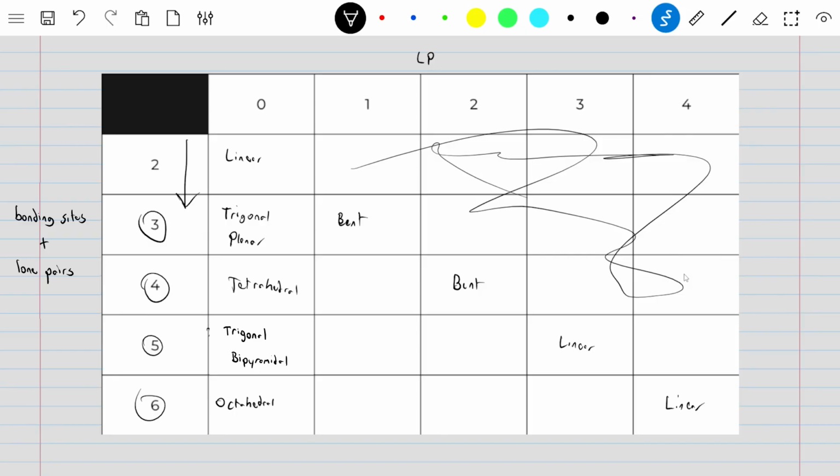All right. Now from here, the next thing we're going to do is the 1 lone pair column. The 1 lone pair column is going to be kind of the hardest to remember because there's not really anything for it. On the 4 column, it's going to be your trigonal pyramidal.